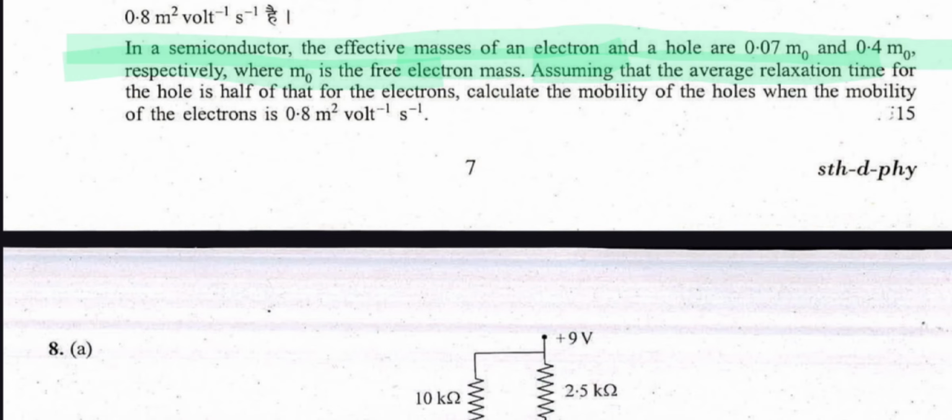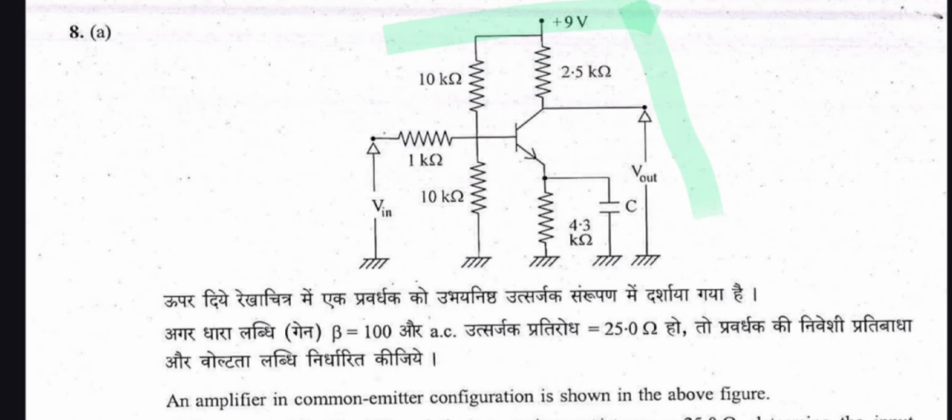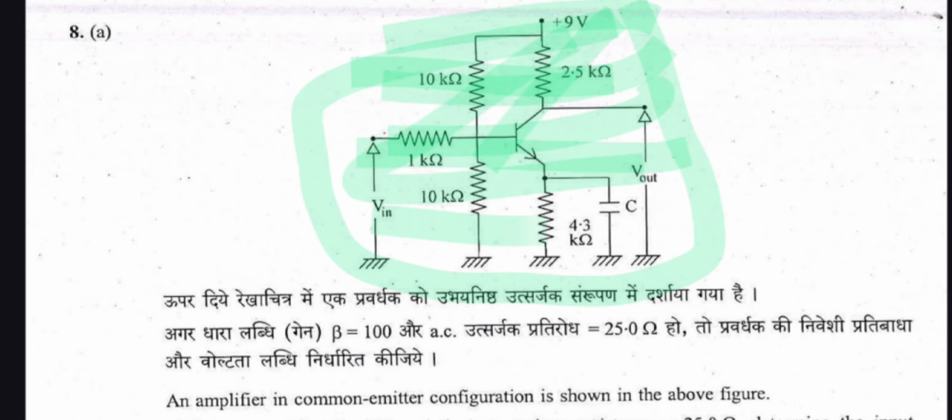Assuming that the average relaxation time for the holes is half of that for the electrons, calculate the mobility of the holes when the mobility of the electron is 0.8 meter square volt minus 1 second minus 1. So you can say this is useful, and the question is below.